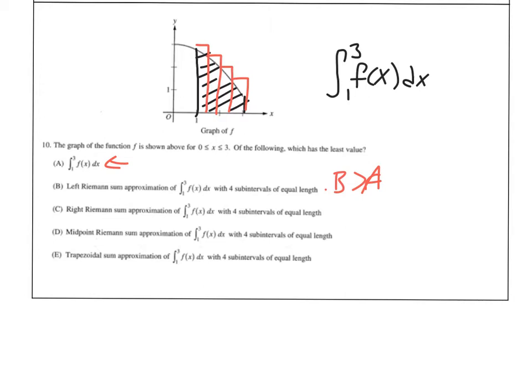Okay, let's erase some stuff and go back at this. So again, if we're looking at this area, a right Riemann sum with 4 subintervals would all be sitting below the curve because these are all on a decreasing function.